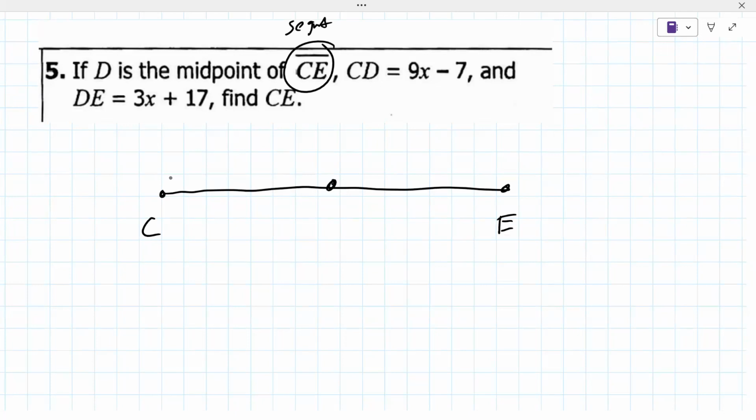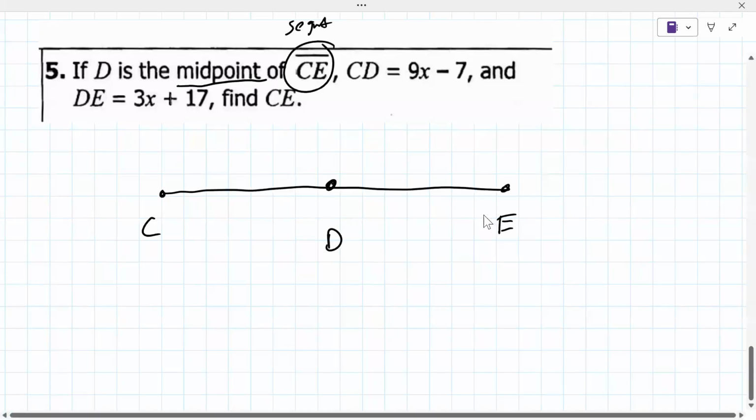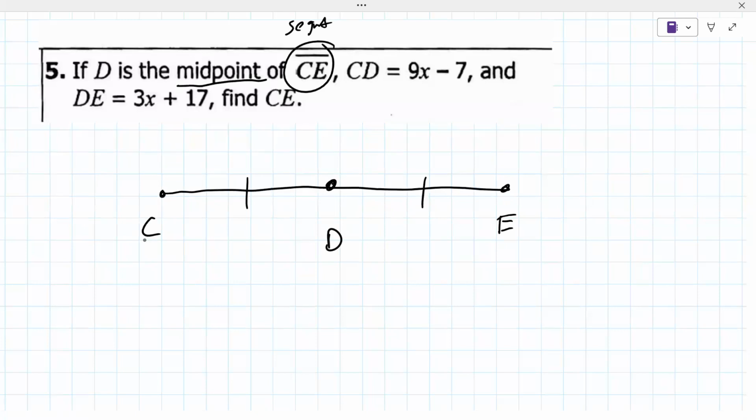But D is the midpoint. There's D. What do we know about the midpoint? What does it do to the segment? Bisects it. Yeah, cuts it in half. So C to D is 9x minus 7. D to E is 3x plus 17. You asked for a little algebra review.